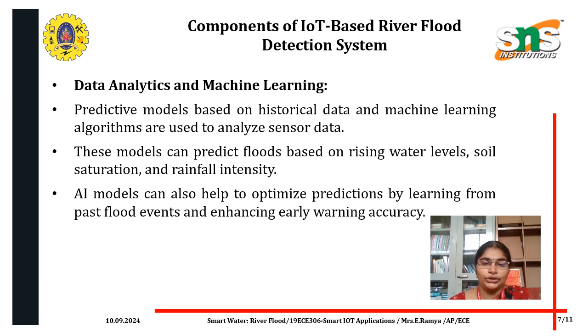Here we use predictive models based on historical data, and machine learning algorithms are used to analyze sensor data. These models can predict floods based on rising water level, soil saturation and rainfall intensity. AI models can also help optimize prediction by learning from past flood events and enhancing early warning accuracy.